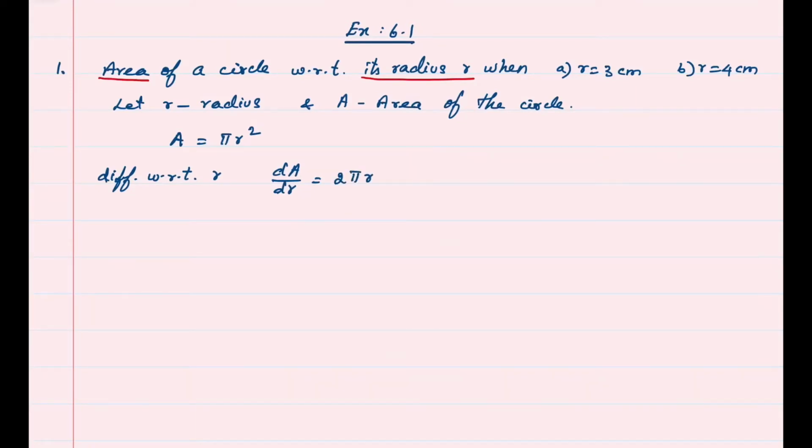Now we have to find the instantaneous rate of change of area with respect to the radius. We have to find dA by dr when r is equal to 3 centimeters, which is 2 pi into 3, 6 pi. The unit for dA by dr will be, area unit is centimeter square and radius unit is centimeters.